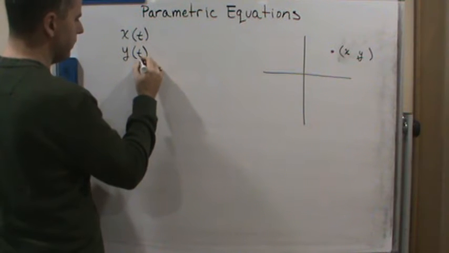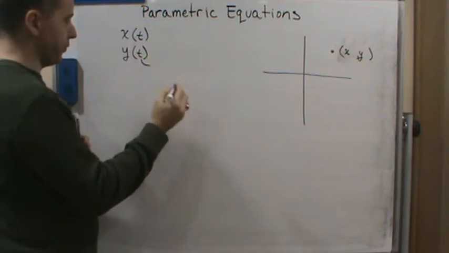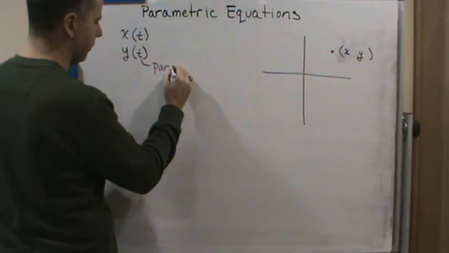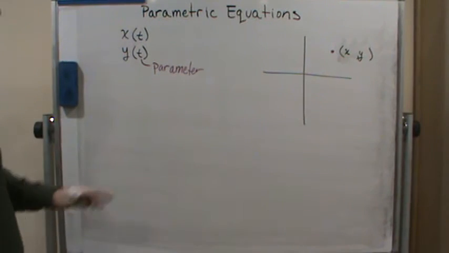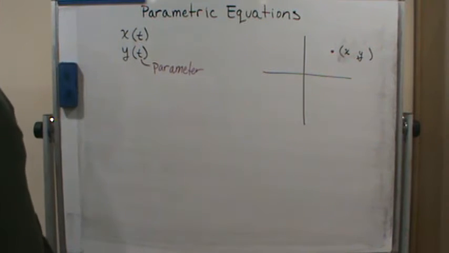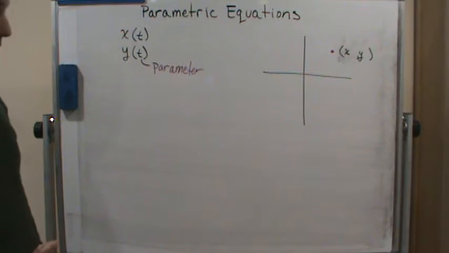So this is the parameter, and usually t stands for time. Okay, so t is the parameter, and these give us a pair of parametric equations.